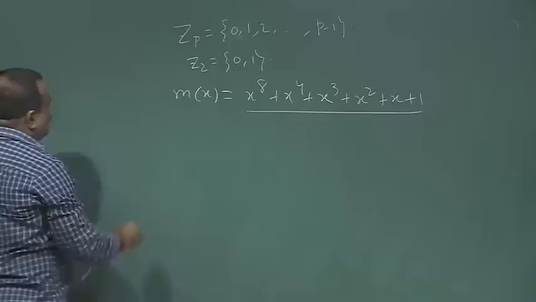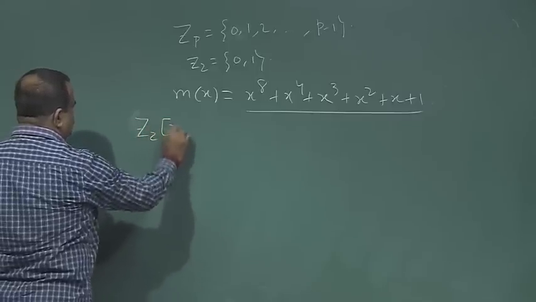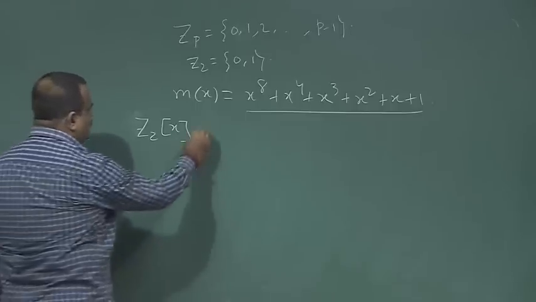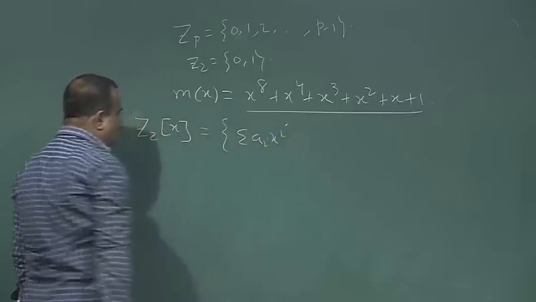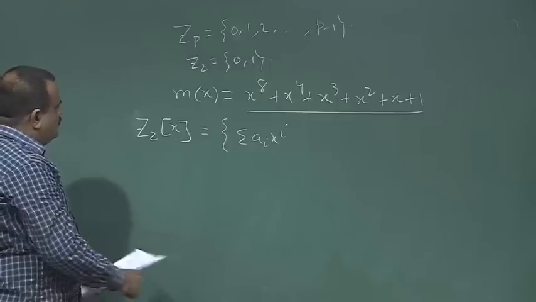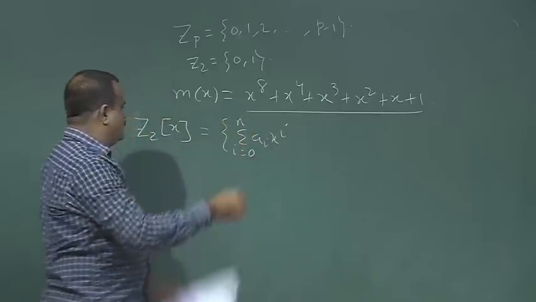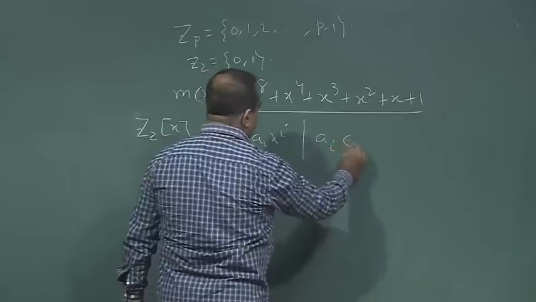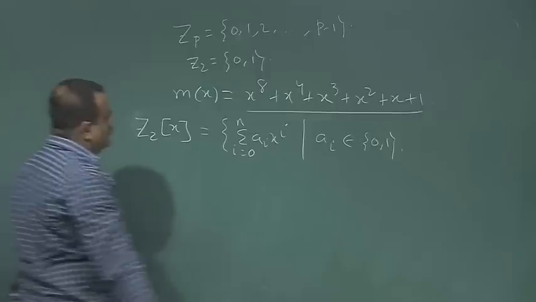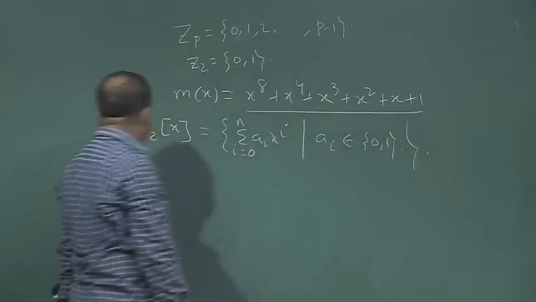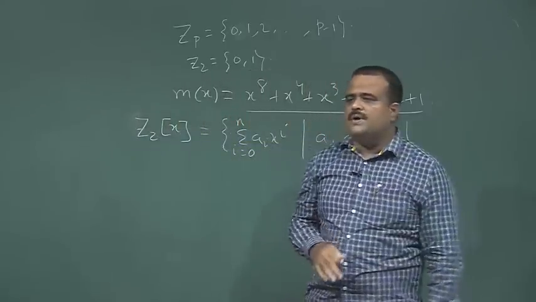Now, let us consider all the polynomials, which is Z_2[x]. Z_2[x] is the set of all polynomials, the summation of a_i x to the power i, where i is from 0 to n, could be anything, and the a_i's come from Z_2. So, we take all possible polynomials whose coefficients are 0 or 1, of any degree.